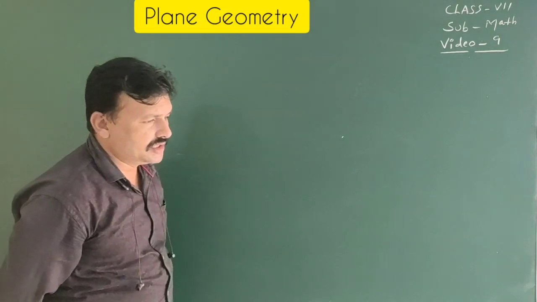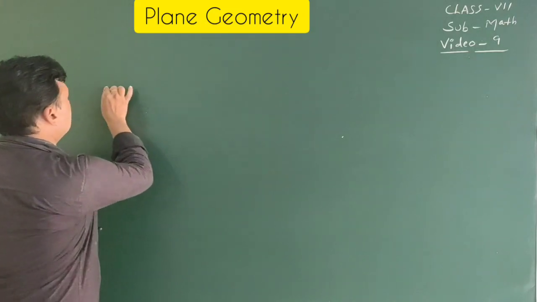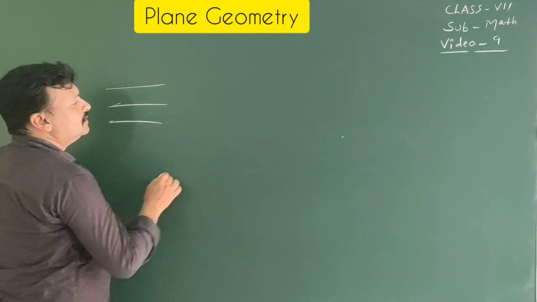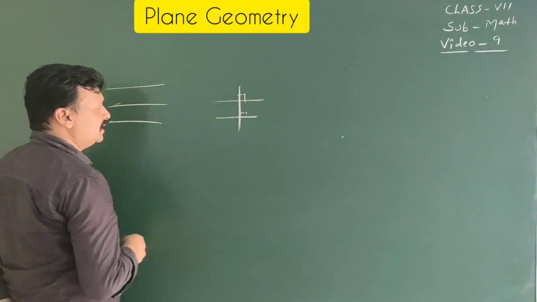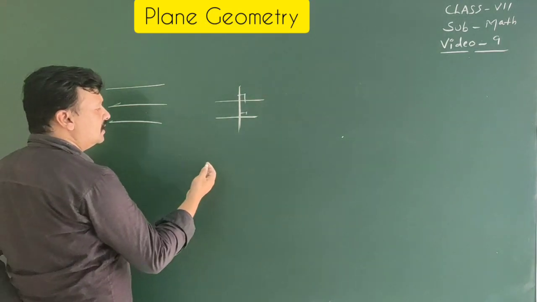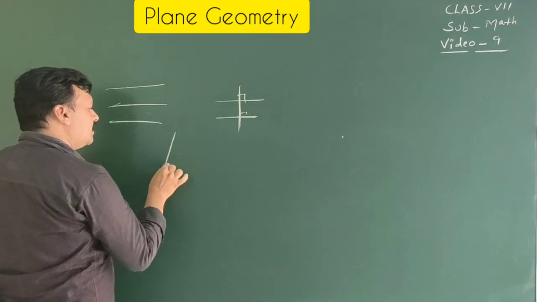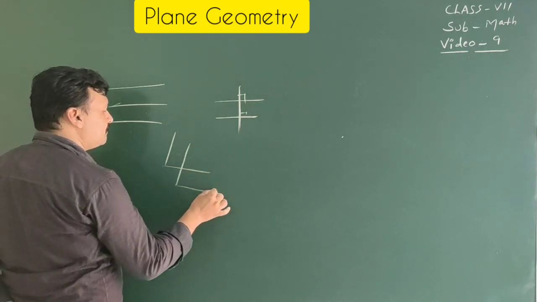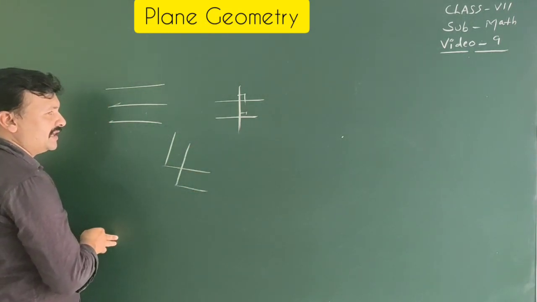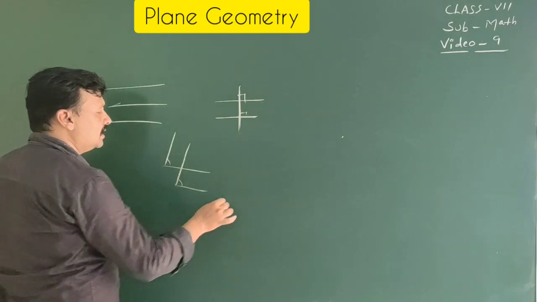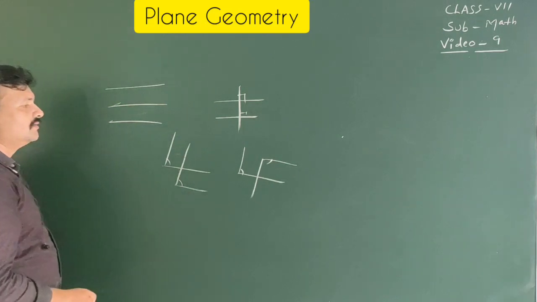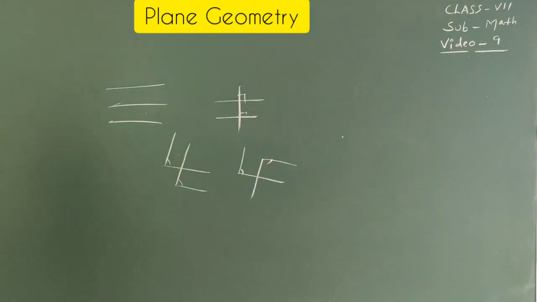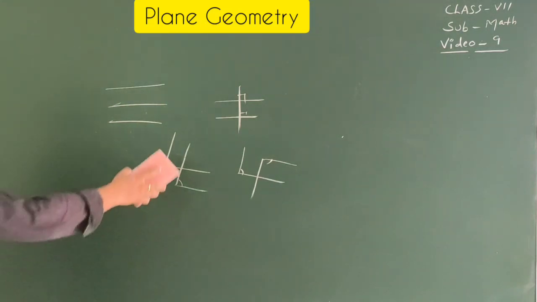The second result: two lines perpendicular to the same line are also parallel. And the third one: if the arms of two angles are parallel to each other, the angles are either equal or supplementary.